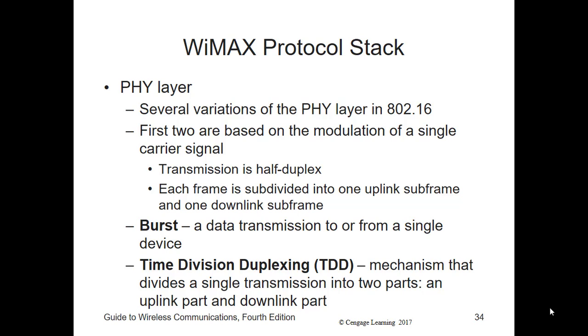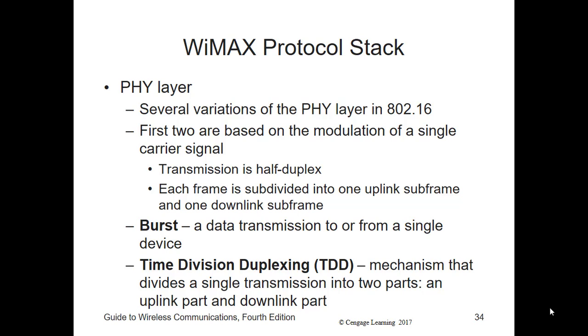Now remember that when transmitting on a single frequency, all transmitters have to work in half duplex mode because they cannot transmit and receive at the same time. In this case, each transmission is divided into fixed duration frames that are 5 milliseconds long. Each frame is subdivided into one uplink subframe and one downlink subframe, and the BS transmits to the SSs during the downlink subframe, and the SS transmits to the BS during the uplink subframe.